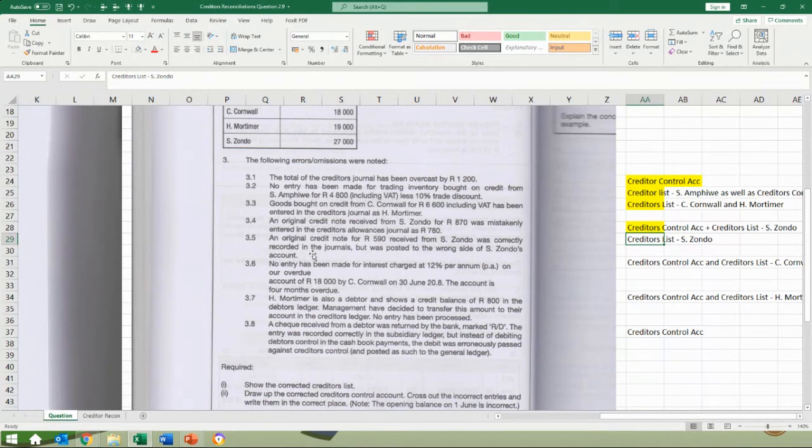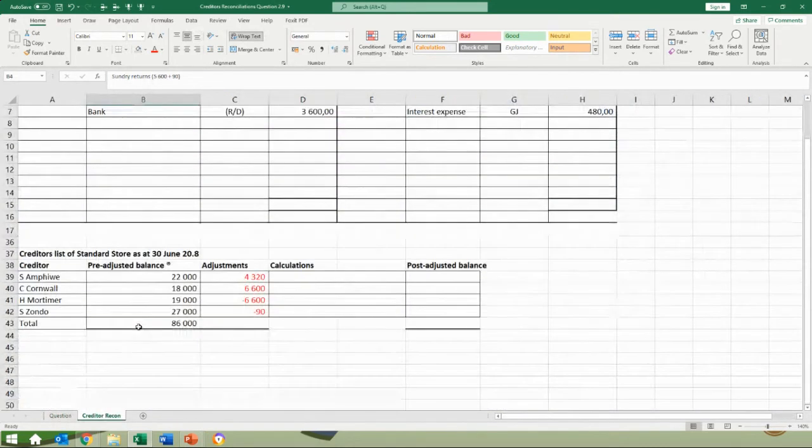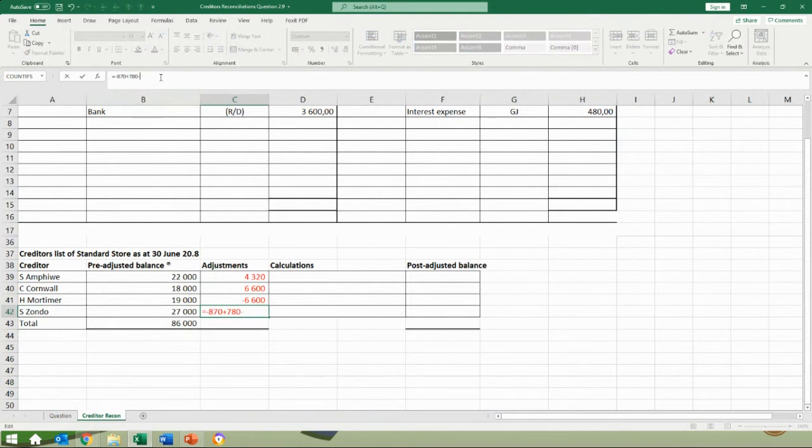Now, in this case, I would have debited it. Now, to correct that mistake, I would have to add minus the 590, which is the first correction, and then I have to minus 590 again to now reflect it onto the correct side.